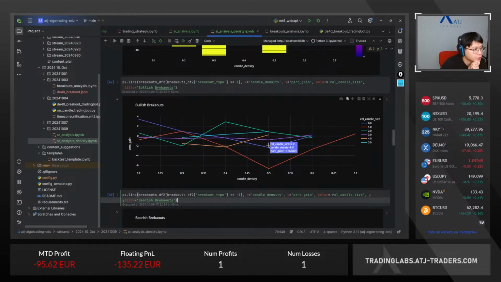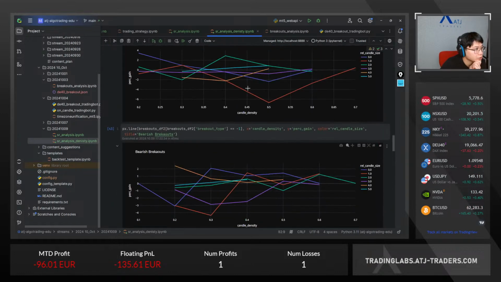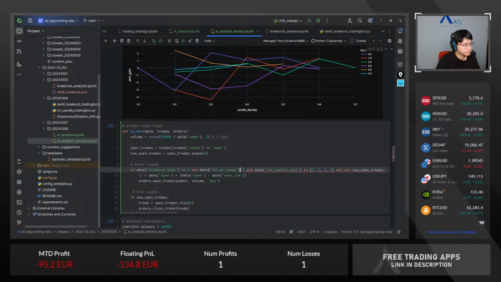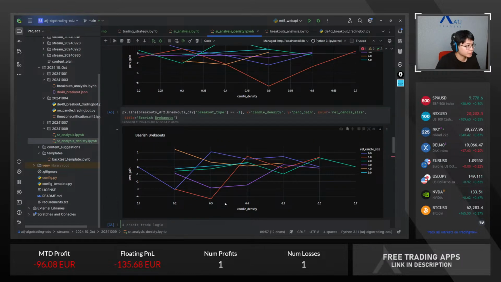So I'm just going to try to write a backtest that is going to take input relative candle size 0 and 1, and the range is between 0.4 and 0.6, and see what happens. And I'm just going for bullish breakout. So I need a bullish breakout. Or candle density now, I'm working with candle density.